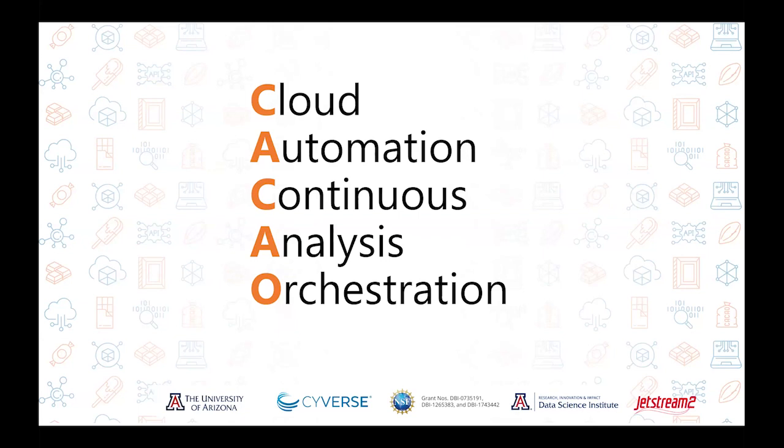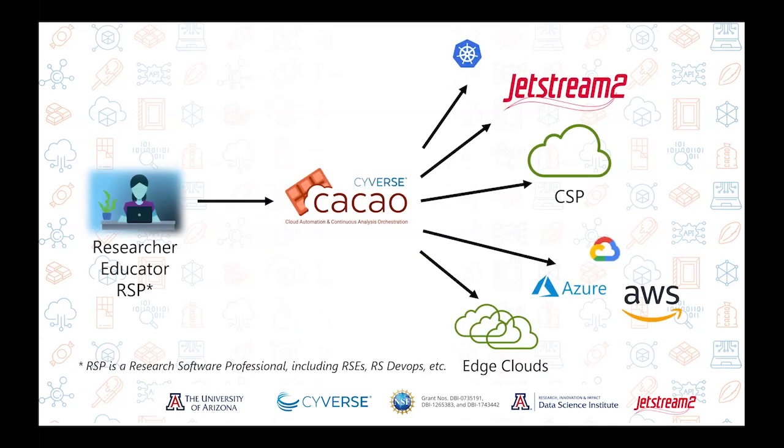CACAO is a cloud automation, continuous analysis orchestration platform that we developed here at CyVerse. Essentially, CACAO is a broker that sits between users, whether you're a researcher, an educator, or a research software professional, and then it helps create resources on any number of clouds.